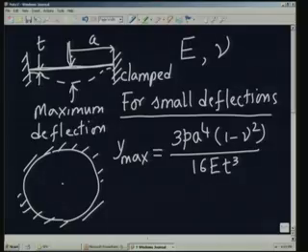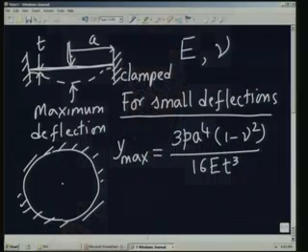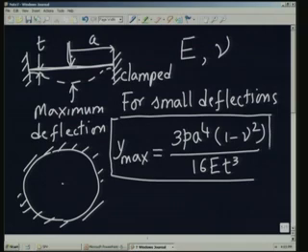So, 3 p a to the power of 4 into 1 minus nu squared divided by 16 E t cube. So, this is a very important relationship. Actually, you can rewrite it as p equal to k times Y max.